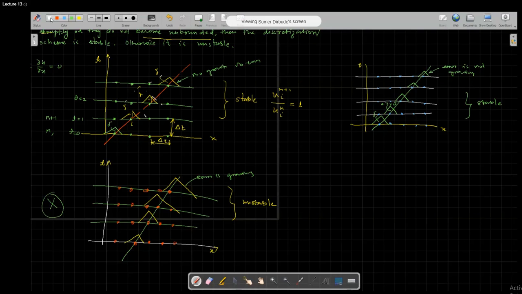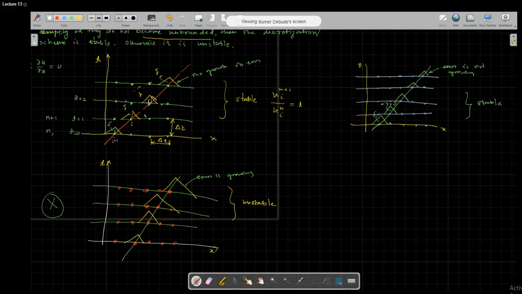Because you see, what is happening is that this characteristic curve is passing through all the points, and your solution is supposed to move from this point. Suppose I say this is the I minus 1 point. At nth time, it should move to the n plus 1th time at the ith location.